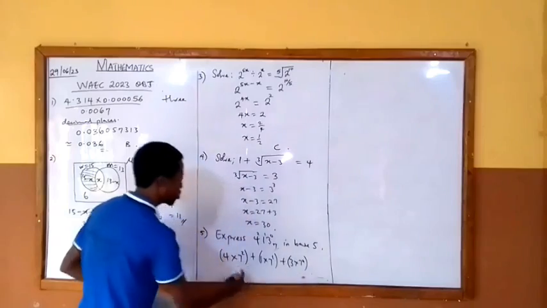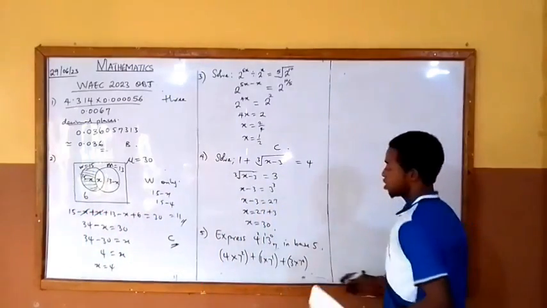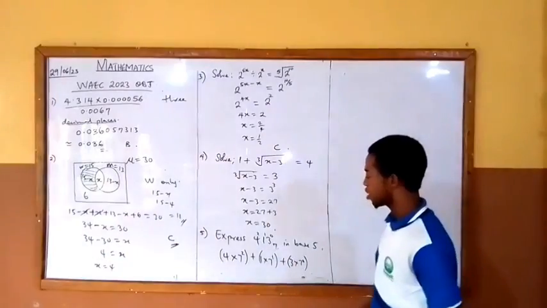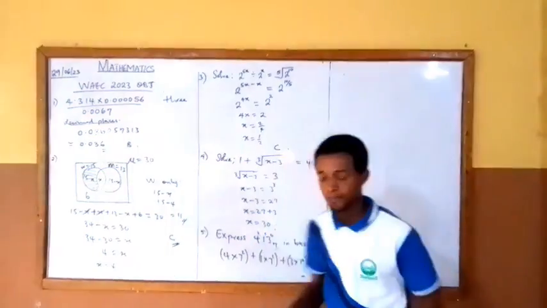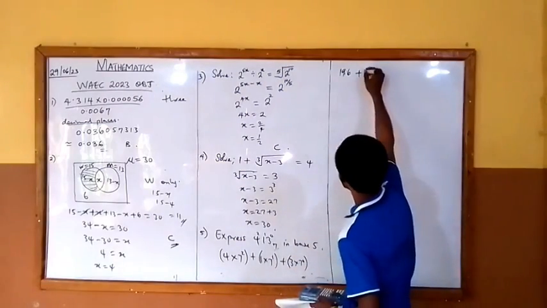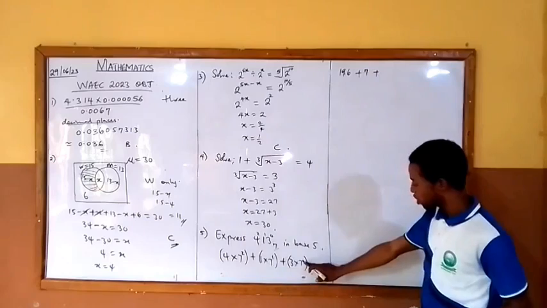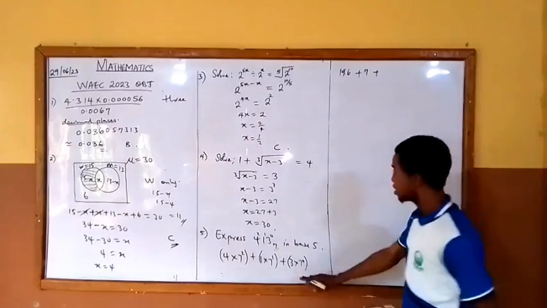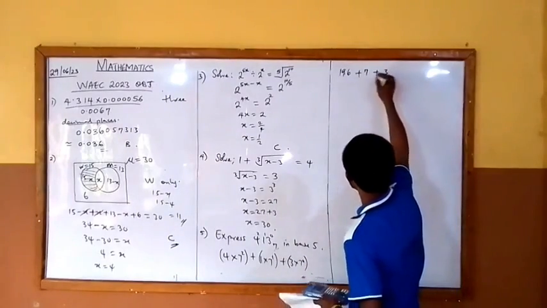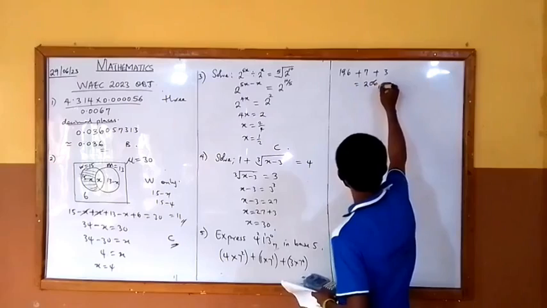So you change it to base 10 that way, and you know that 7 raised to power 2 there is 49. 7 raised to power 1, that's 7. 7 times 1, also 7. Plus 7 raised to power 0 is 1. 1 times 3 gives us 3. So by the time you add, 206. So this is in base 10 now.